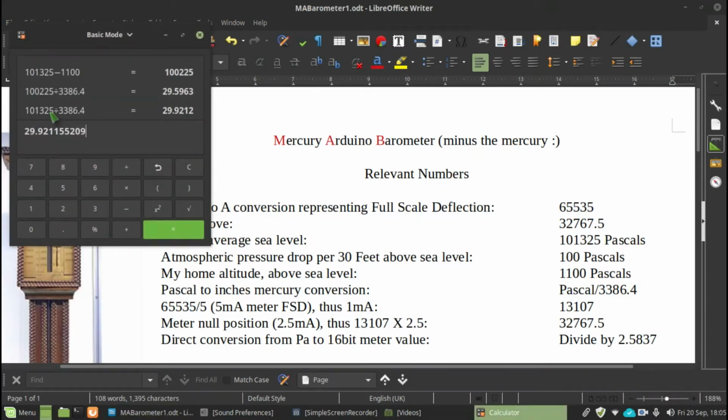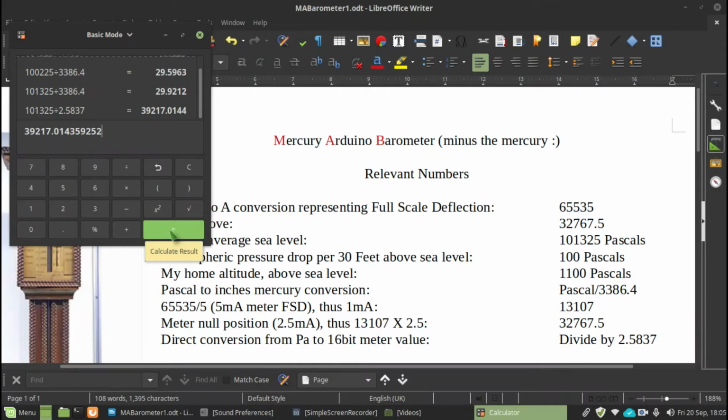Let's go back to there and put in the normal average atmospheric pressure, sea level, and divide that by 2.5837, and what does that equal?